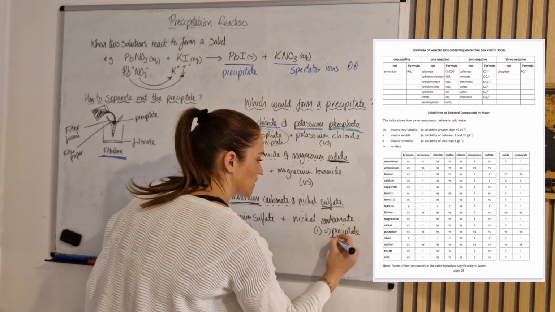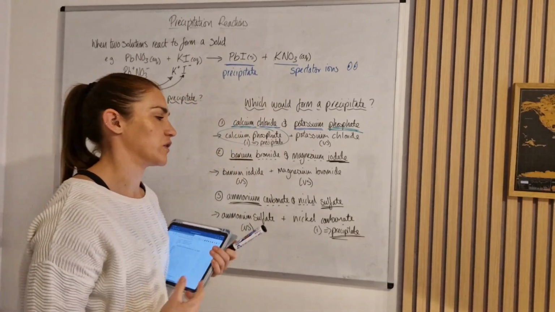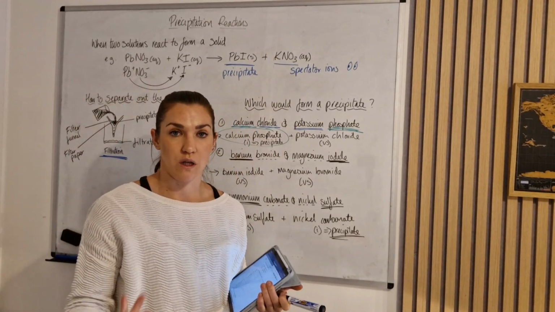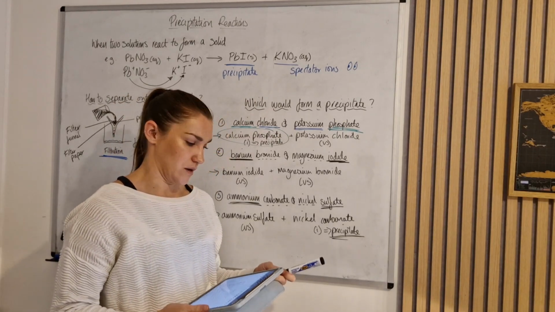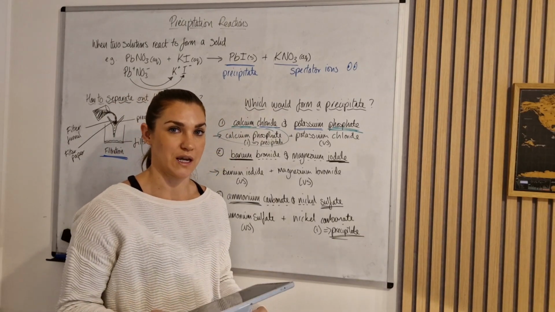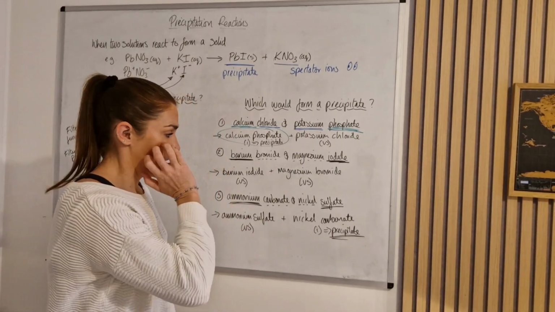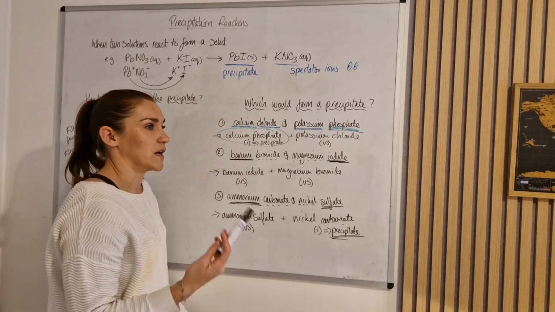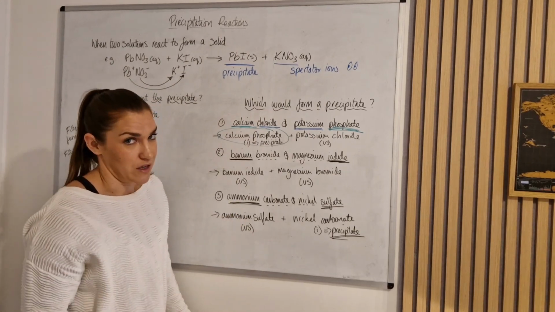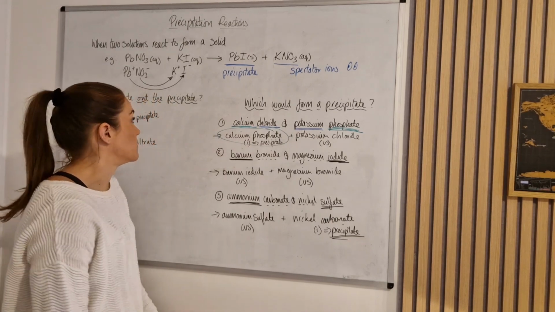So if you mixed ammonium carbonate with nickel sulfate, your solution would go cloudy, and it's cloudy because you produced a nickel carbonate precipitate. Okay, so that's commonly what you get asked about precipitation reactions. You could just be given a list of compounds and asked which one would be a precipitate. That's very straightforward. You just look them up and check to see which one is insoluble.